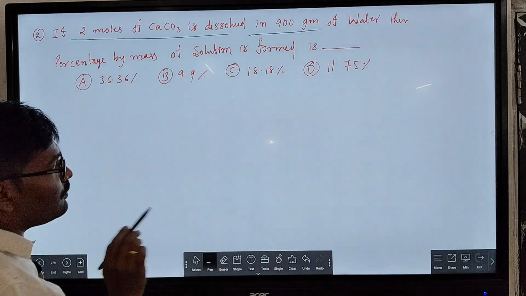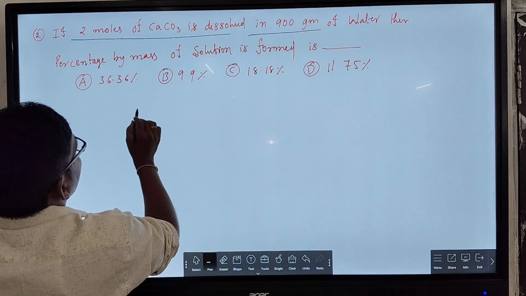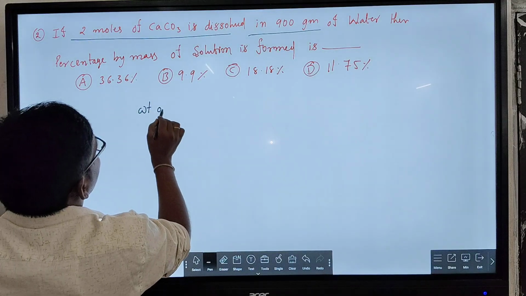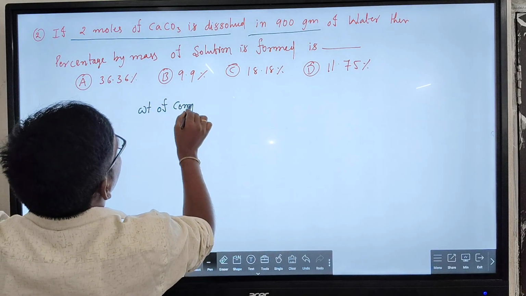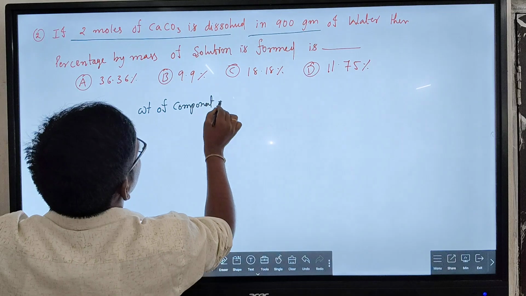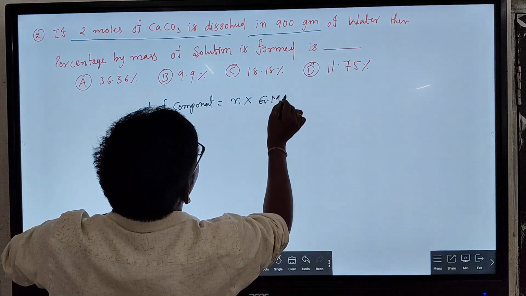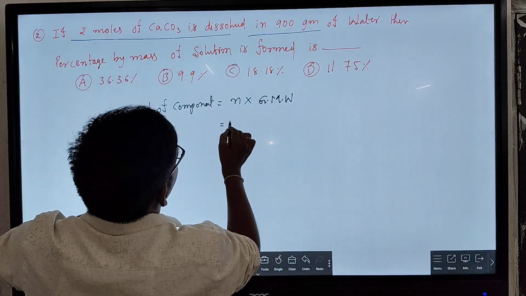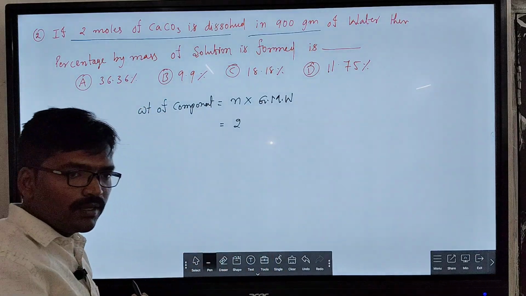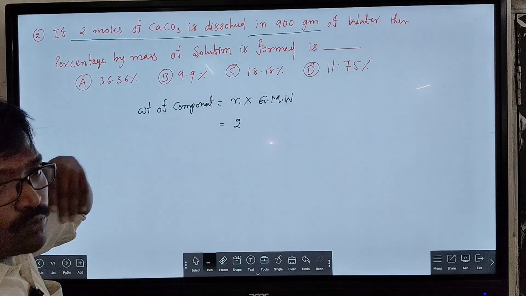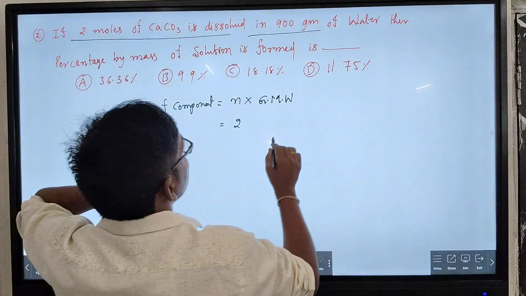So that's what one of the formula is given. Sir, weight of component, if you want to find out, it is equals to number of moles into gram molecular weight. Okay. So number of moles, how many moles are there? 2 moles are there. So gram molecular weight of CaCO3 how much?